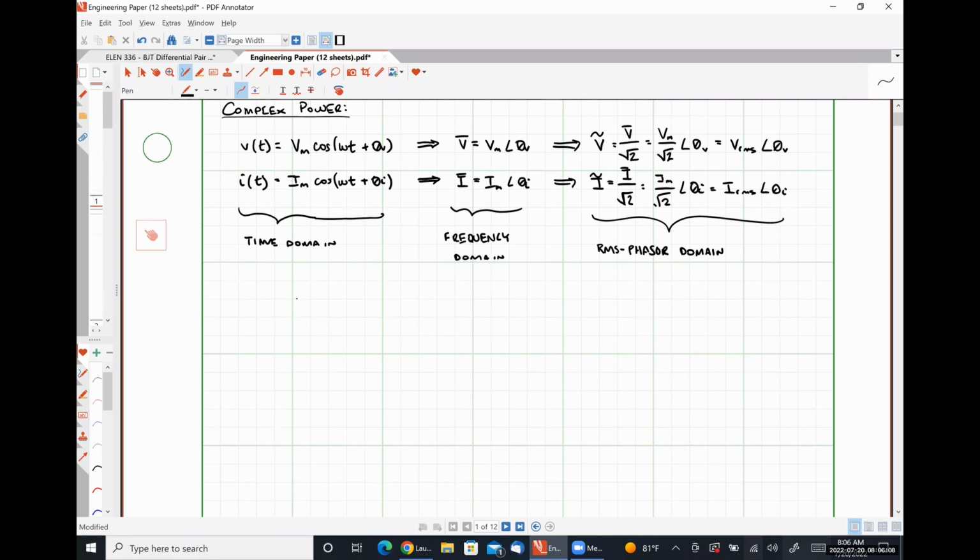So for a generic impedance Z, like so, that has an RMS phasor voltage drop across it and an RMS phasor current flowing through it, the complex power S is defined to be equal to the RMS phasor voltage times the complex conjugate of the RMS phasor current.